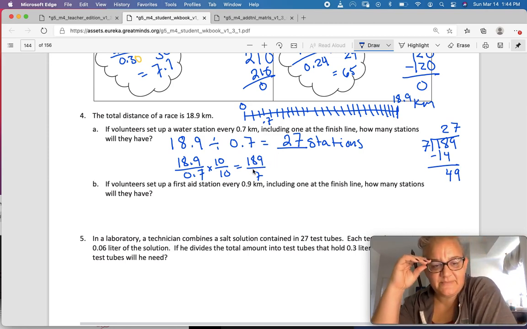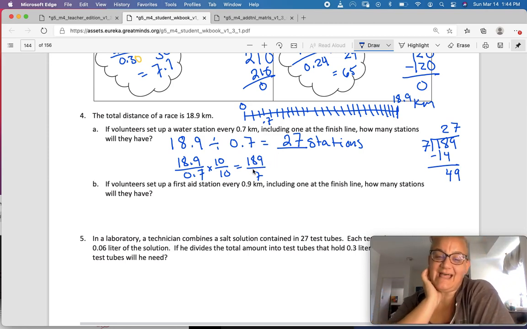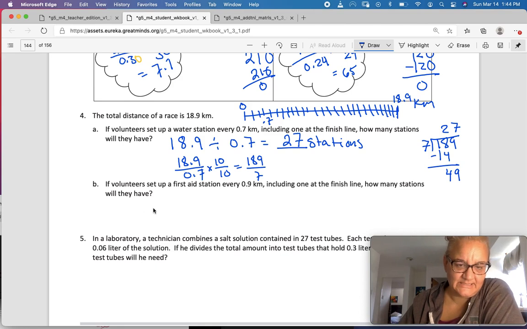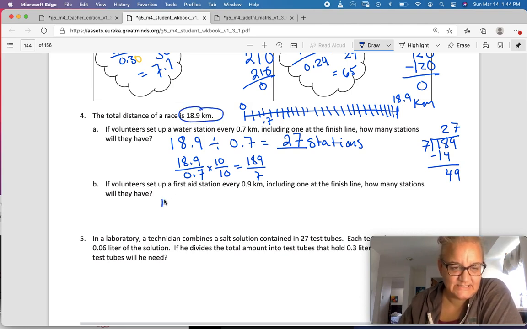If volunteers set up a first aid station every 9 kilometers, including one at the finish line, how many stations will they have? Okay, so it's the same race, so it's 18 and 9/10 of a kilometer divided by 9/10 of a kilometer.